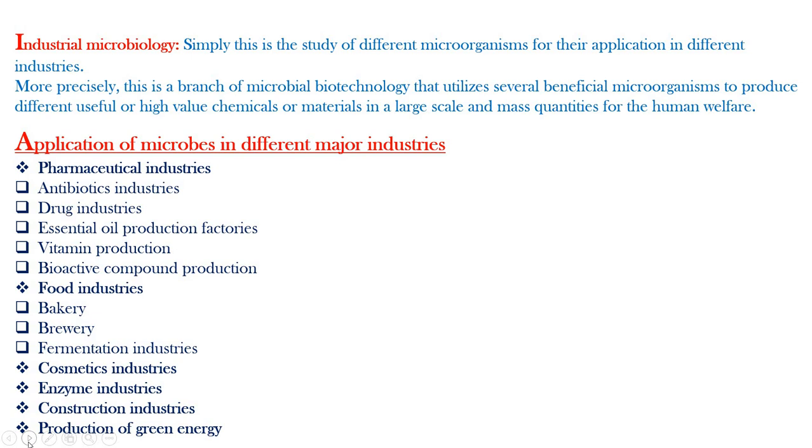In the pharmaceutical industry, antibiotic industries, drug industries, essential oil production, vitamin production, and bioactive compound production are the main aspects. Within the food industry, bakery, brewery and fermentation industries are main.